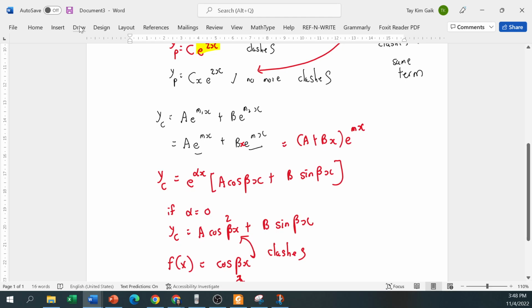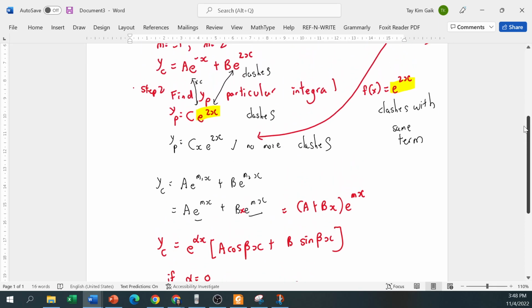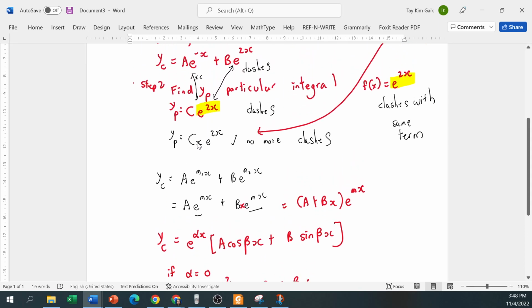So this one I erase first. The yc is up here, and the yp is this one. The correct yp is c x e^2x, after multiplying by x, no more clash with yc. Okay.